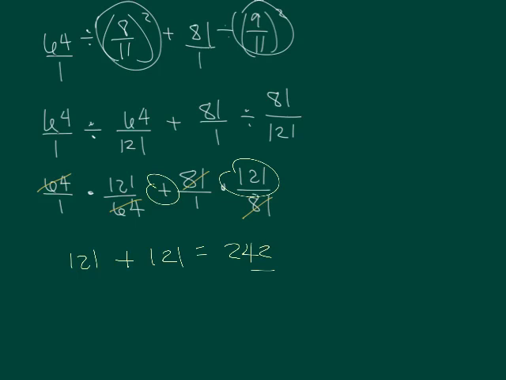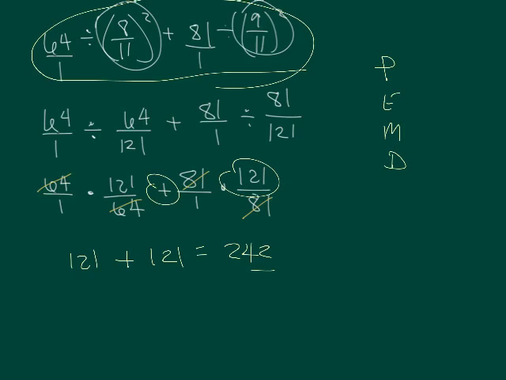So the key thing doing problems like this that are a little bit tricky, that look really complicated, is just do one little piece at a time. Follow the PEMDAS rules. Remember, what's in the parentheses, what's in the exponents, then do the multiplication and division from left to right, and then last do the addition and or subtraction from left to right.